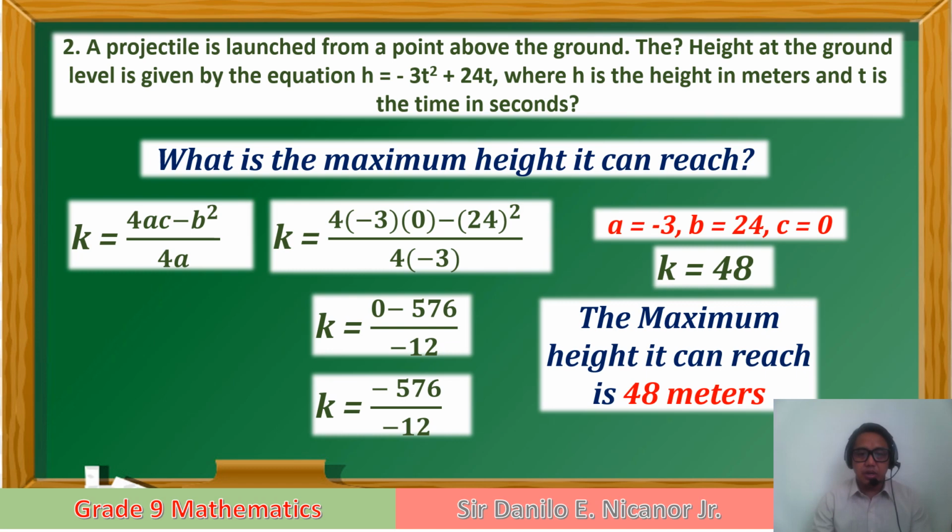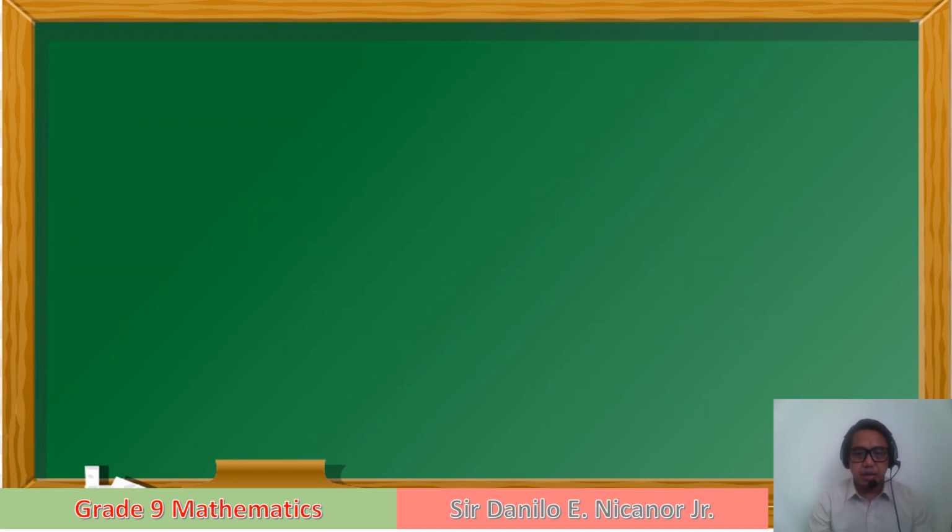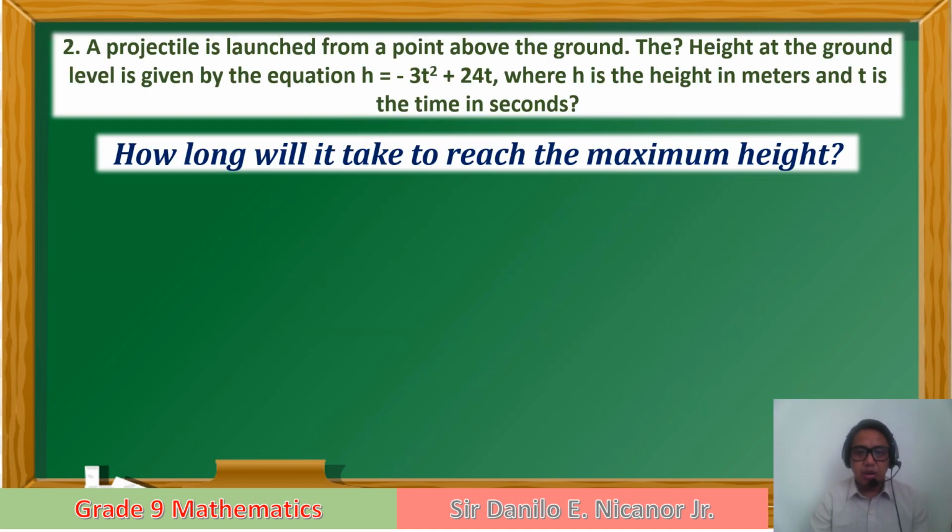Pero, kailan niya marireach yun? How long will it take to reach the maximum? Para malaman mo yun, kukunin mo naman si H ang gagamitin natin. So, H equals negative B over 2A. Pause the video again, solve for it.